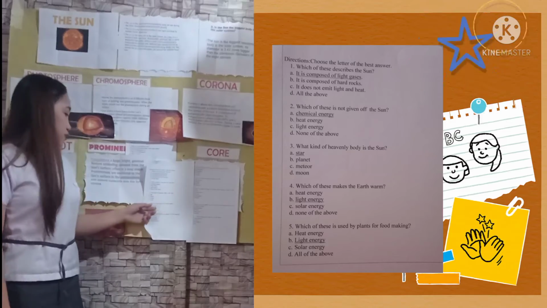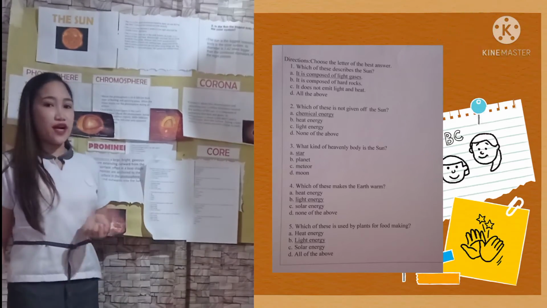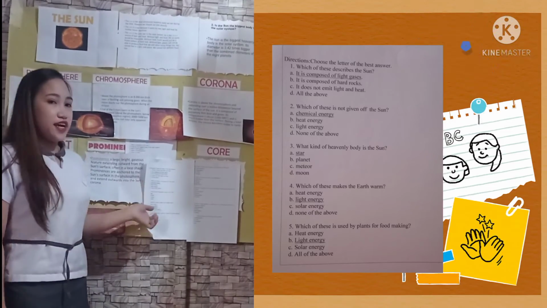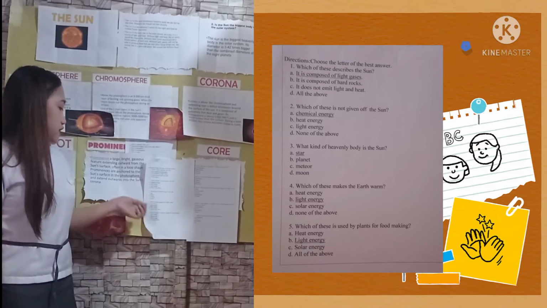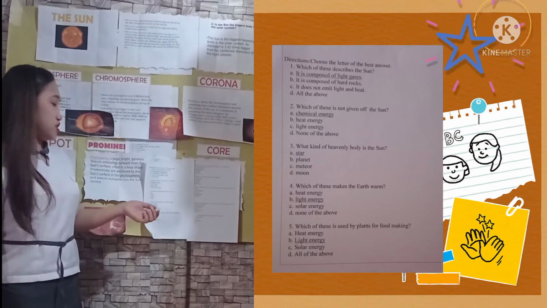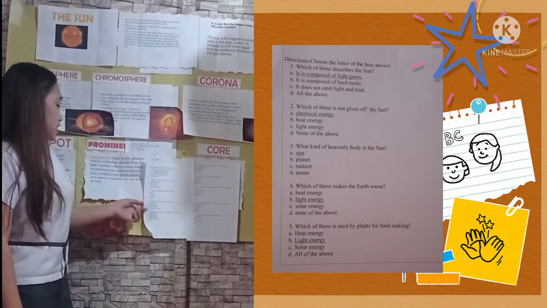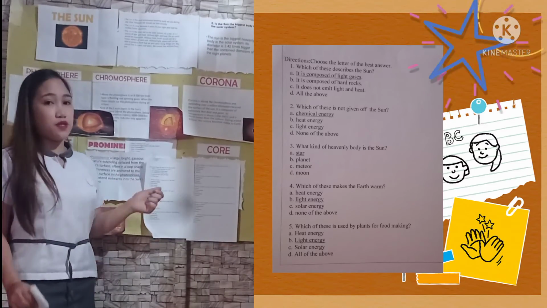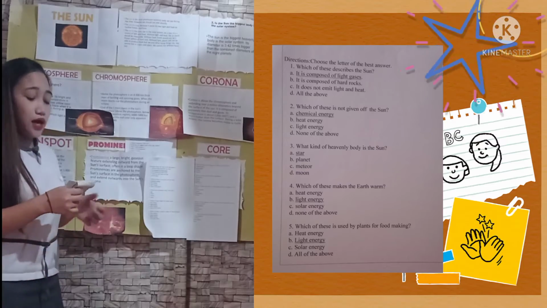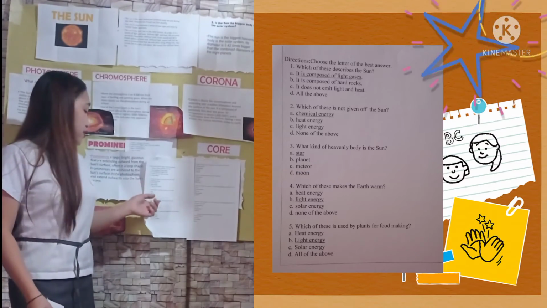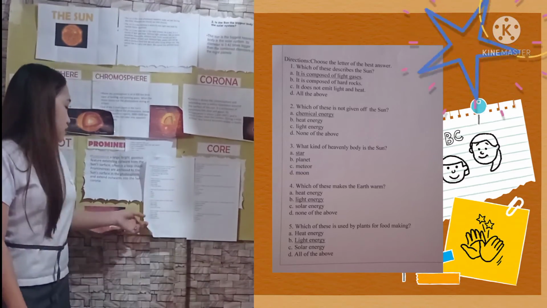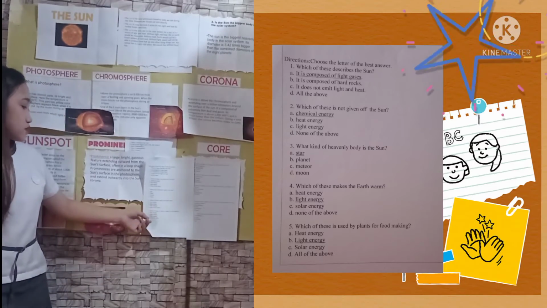Number 4. Which of these makes the earth warm? Letter A, heat energy. Letter B, light energy. Letter C, solar energy. Letter D, none of the above. The answer of number 4 is letter B. Number 5.